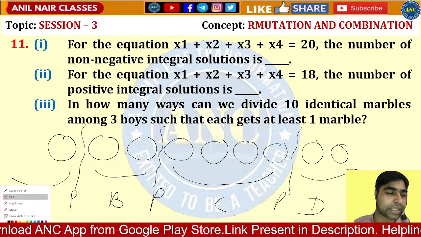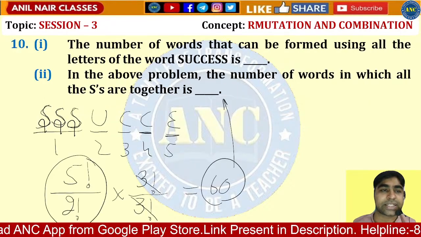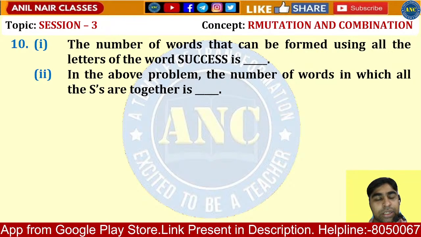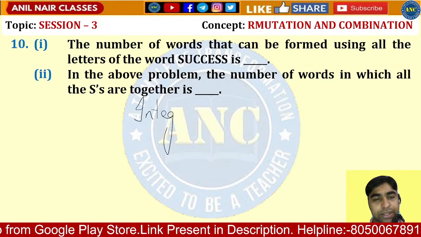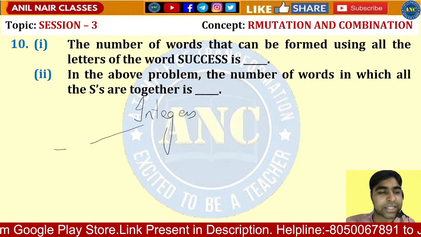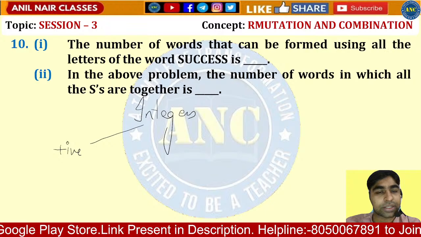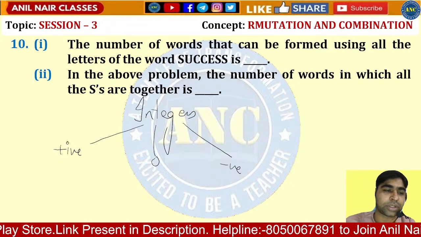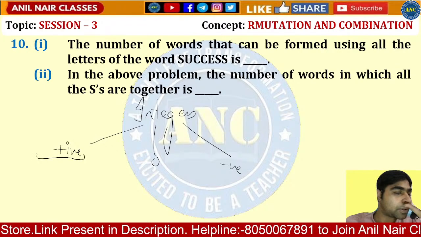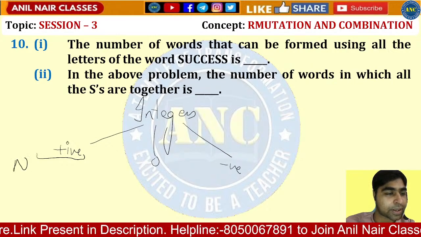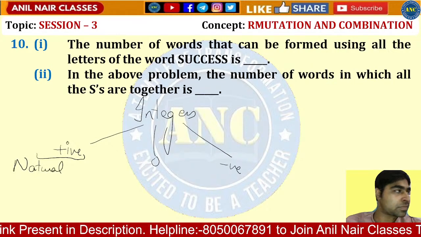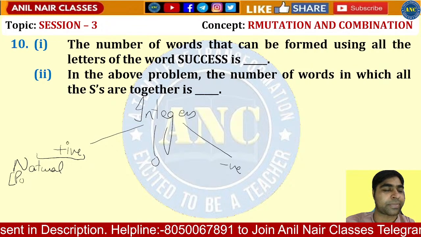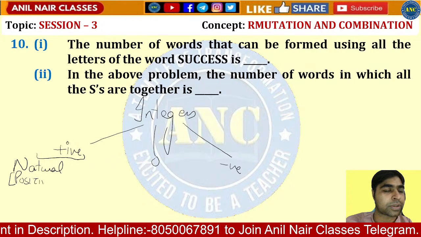Now, the second thing that you should know is, what do we mean by integers? Integers are positive integers, they can be negative integers, and they can also be 0. Positive integers are called natural numbers. Sometimes they are called positive integers.